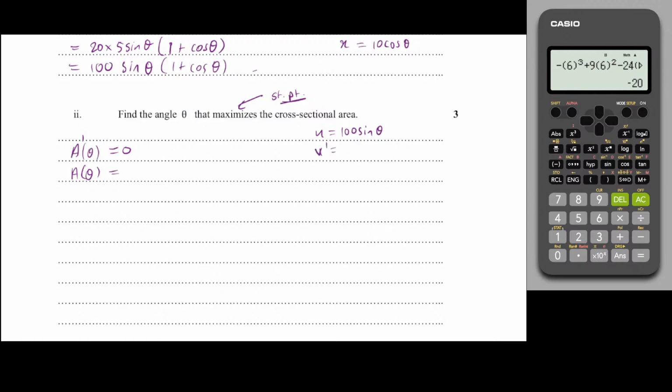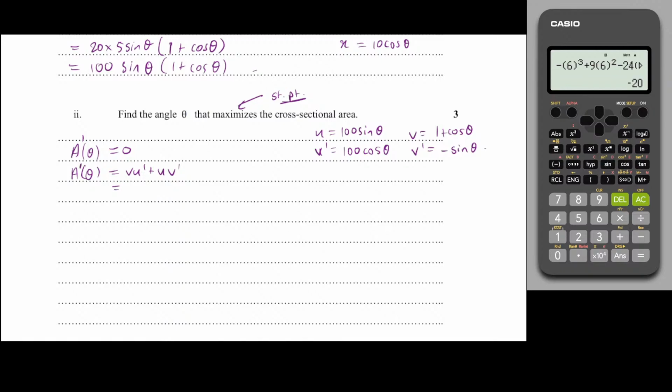U dash is equal to 100 cos theta. V is equal to 1 plus cos theta. And V dash is equal to negative sine theta. So V U dash plus U V dash. I recommend learning it that way, by the way.